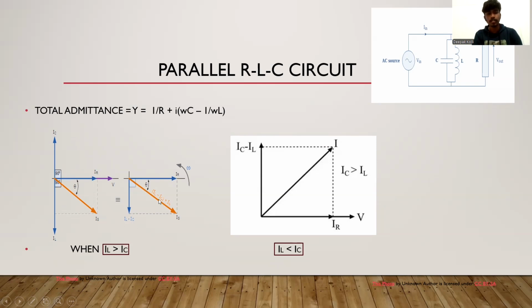The resultant current is obtained by solving this equation. In the second case, the inductive current is less than the capacitive current, so on the y-axis we get IC minus IL, where IC is greater than IL. By solving, we get the resultant current.